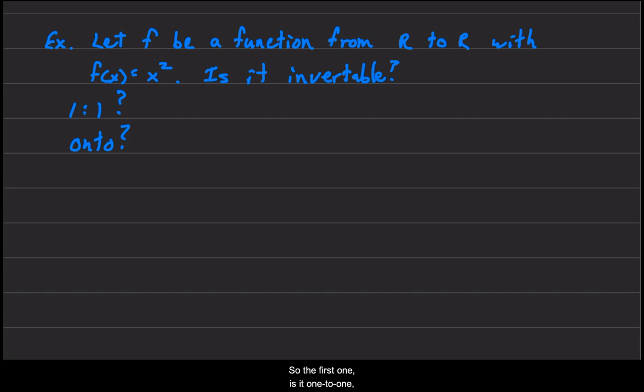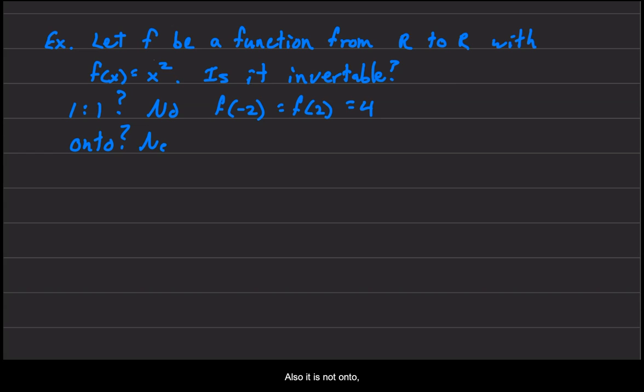So the first one, is it one-to-one? We've looked at this earlier, and no, it is not one-to-one, because we could take f(-2), set that equal to f(2), and those are both equal to 4, therefore that is not one-to-one.